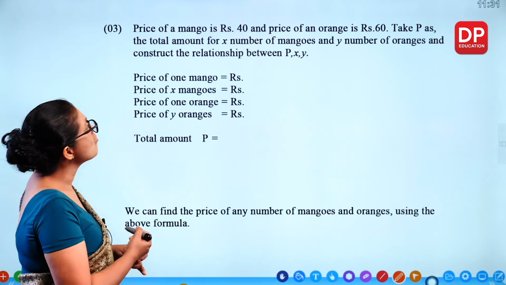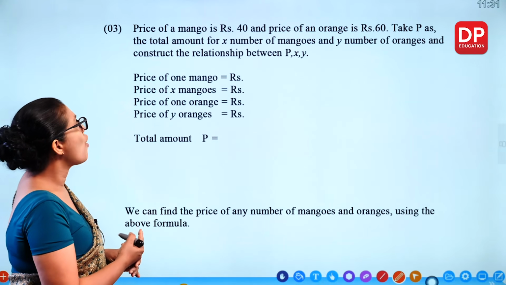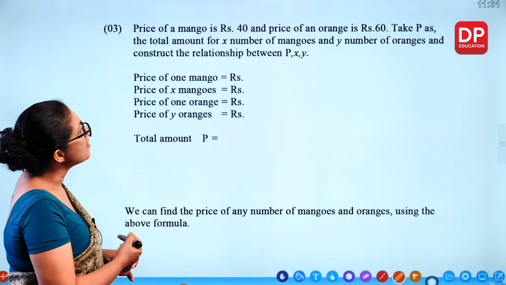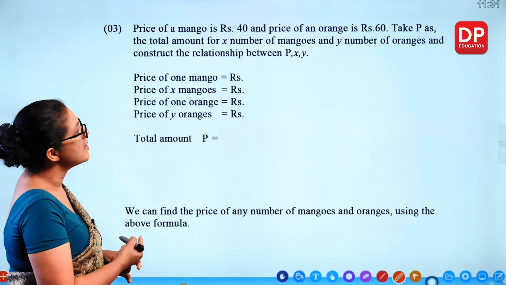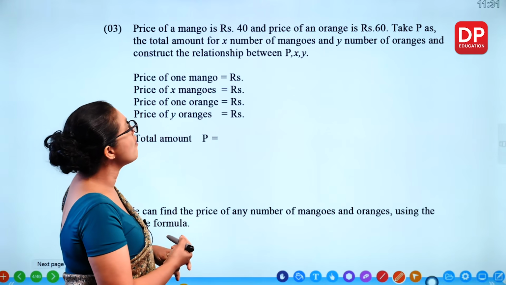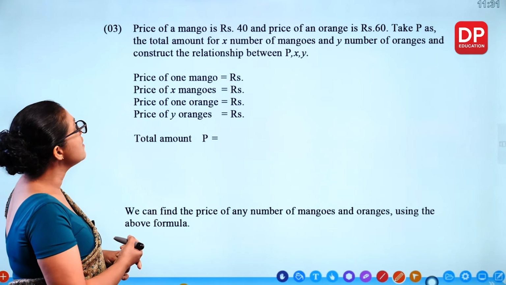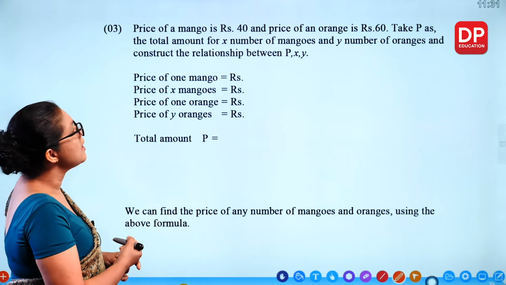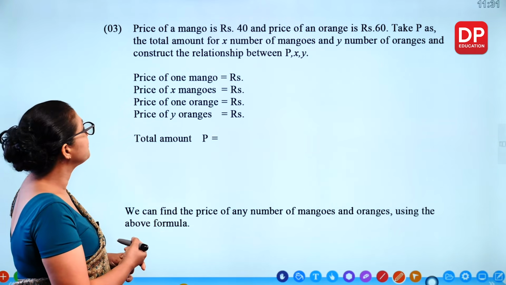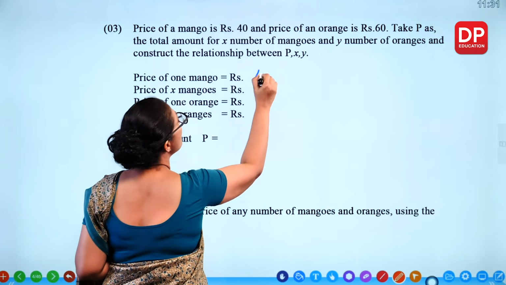Now we'll try to construct another formula. Price of a mango is 40 rupees and price of an orange is 60 rupees. Take P as the total amount for X number of mangoes and Y number of oranges and construct the relationship between P, X, Y. What's the price of one mango? 40 rupees.